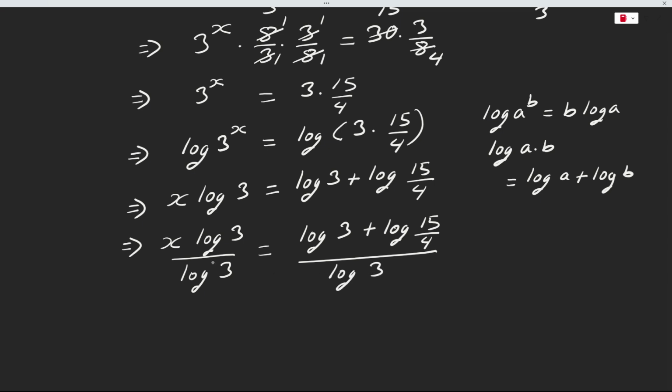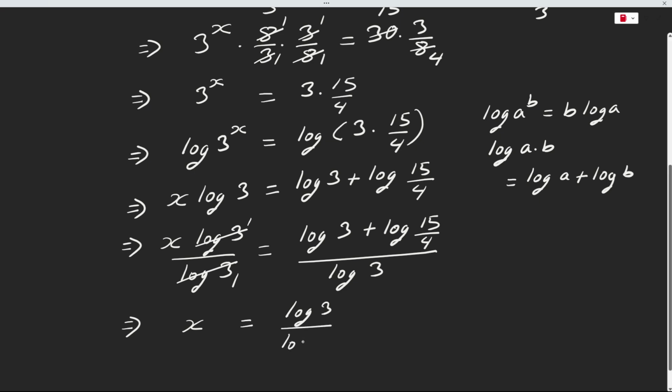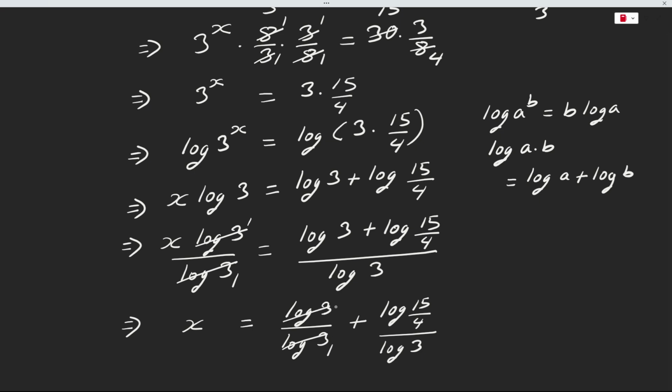Now here and here log of 3 will be reduced by log of 3, 1 time, here also 1 time. This equals x equals, we can write this as log of 3 by log of 3 plus log of 15 by 4 by log of 3. Here and here log of 3 will be reduced by log of 3, 1 time, here also 1 time.